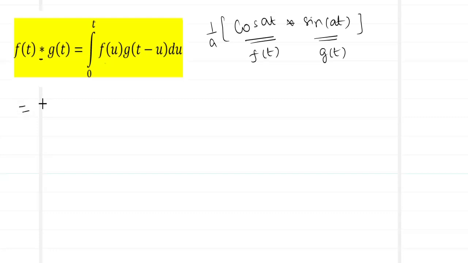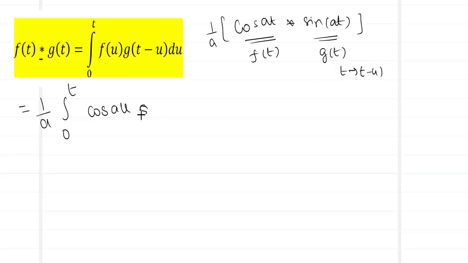So this can be rewritten as 1 by a integral from 0 to t, f of t to be replaced with u. So cos at will become cos au, into g of t minus u. This is g of t. Wherever you have t, replace this t with t minus u.